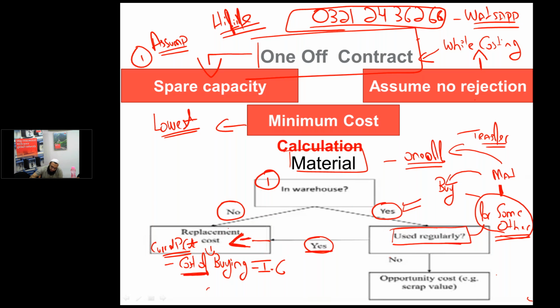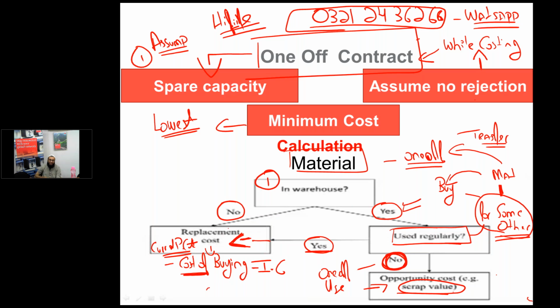Okay? Last, if the material you have in the warehouse has no regular use, you will use that material for the one-off contract, and you will lose the opportunity to scrap it.